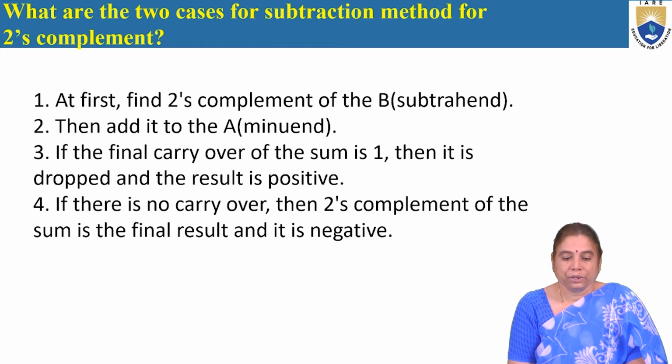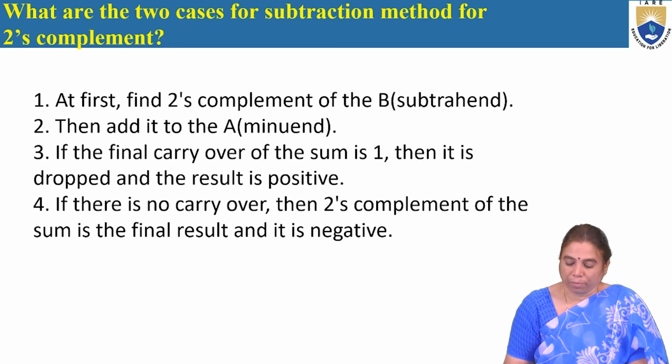After addition, if the sum produces an extra bit, then the result is positive. If there is no carryover, the result is negative, so the sum has to be 2's complemented. So this is the procedure for subtraction with the help of 2's complement.